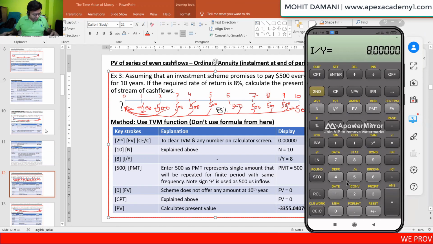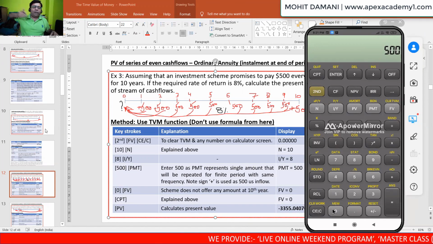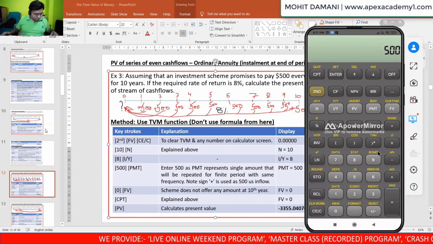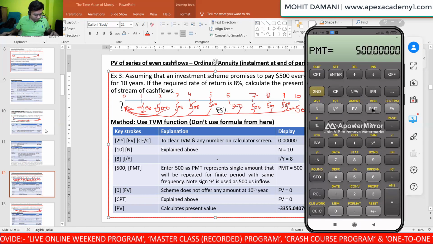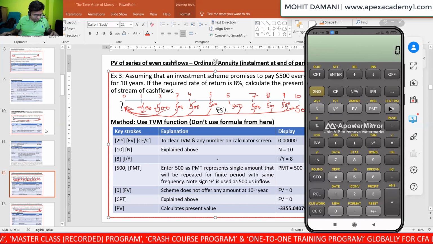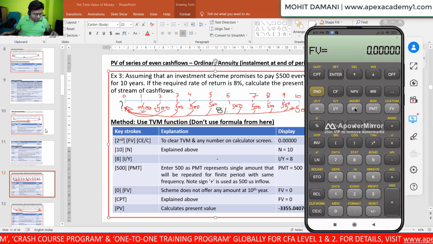PV is something which we are required to calculate. PMT is 500. Promises to pay, so we will receive 500 every year, so this is a cash inflow. So 500 PMT positive, 0 FV, compute PV.